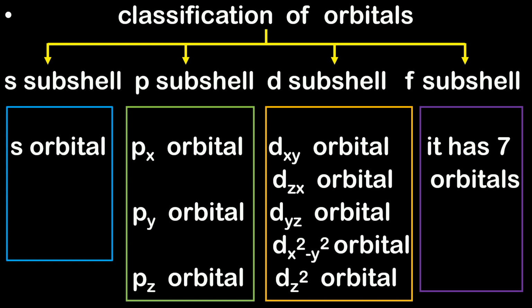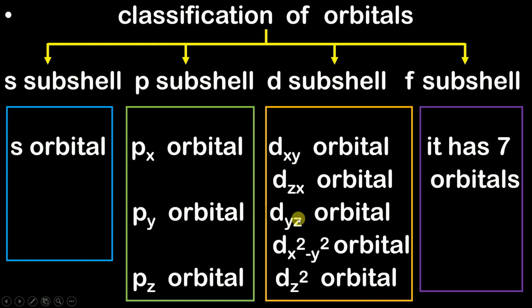In the video on quantum numbers and shapes of orbitals, I have explained all this in depth, so watch that video. Keep in mind that there are 4 types of subshells, and within each subshell there are different orbitals.